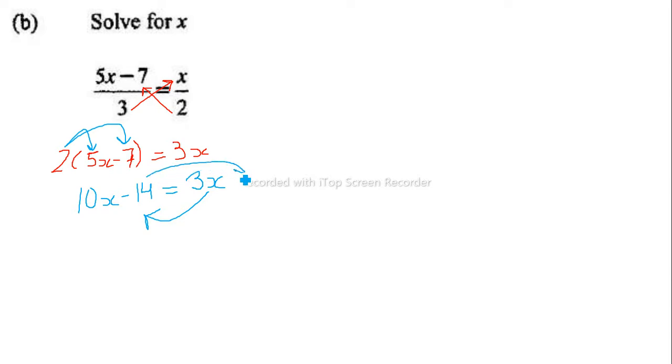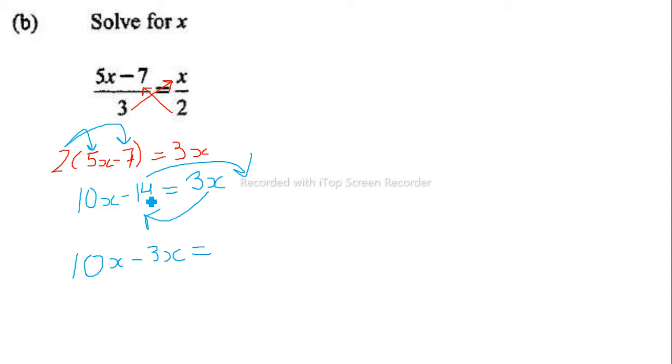Alright, so this is going to be 10x minus 3x. Why is it minus all of a sudden? Because it went over the equal sign. Once it goes over the equal sign, we change the sign.